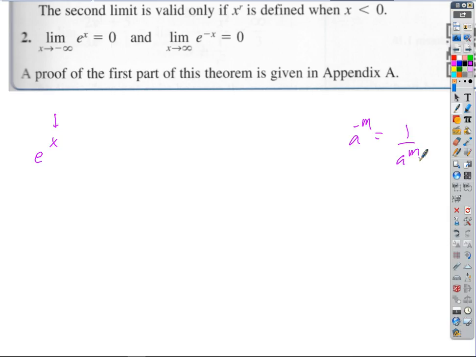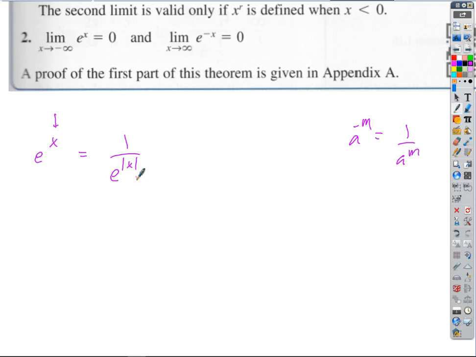So if I'm plugging in a very large negative value, isn't that the same as 1 over e to the absolute value, making it positive? Like e to the negative 1 million is the same as 1 over e to the 1 million. Well, e to the 1 million gets pretty darn big, isn't it? So you can start to see the trend here. The bottom, once again, is going to explode while the top stays captured at 1, and you get this vanishingly small fraction.